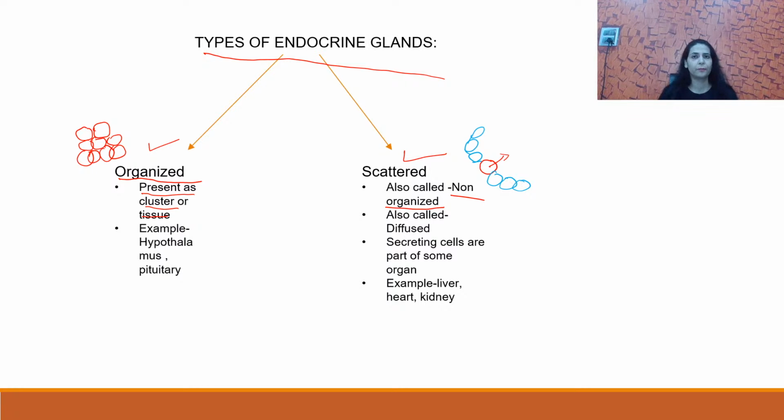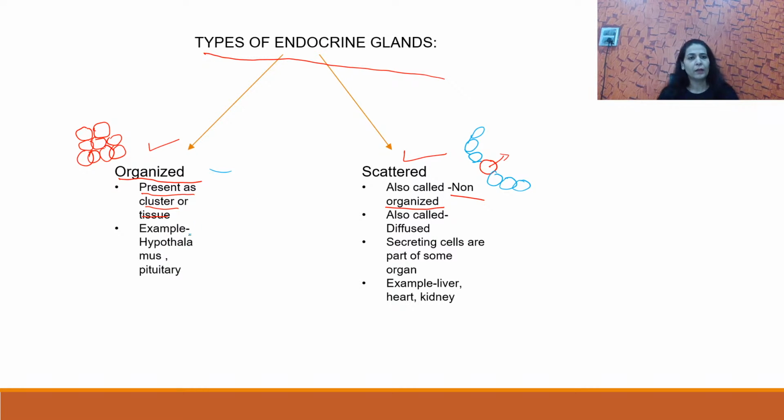There are many such scattered endocrine glands in our body. So organized means they are present in the form of clusters or tissue, and non-organized means they are scattered. One of the cells in that particular lining acts as an endocrine gland.